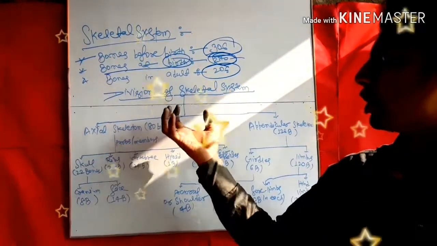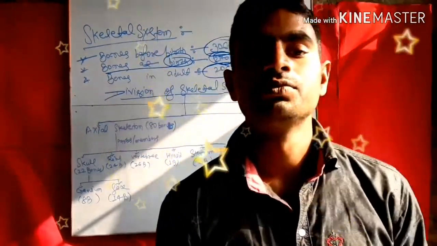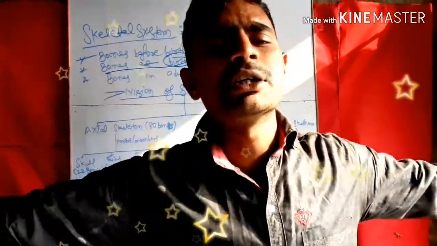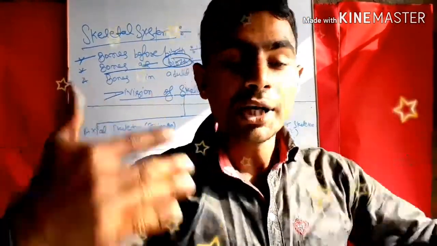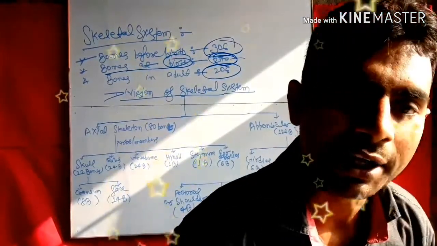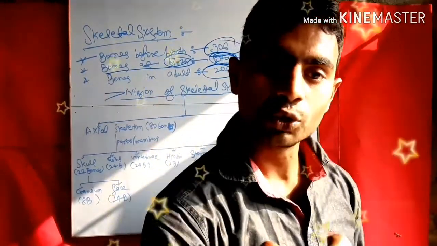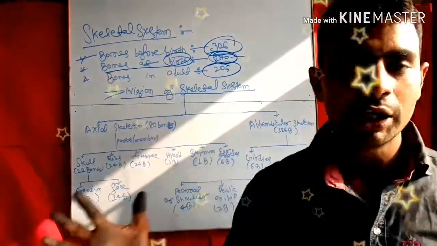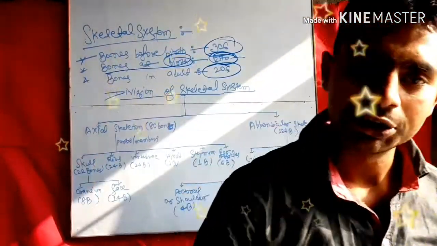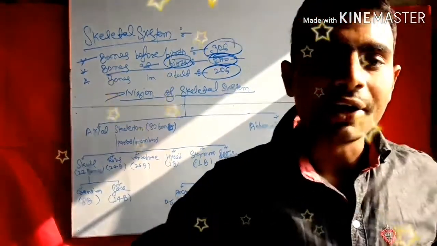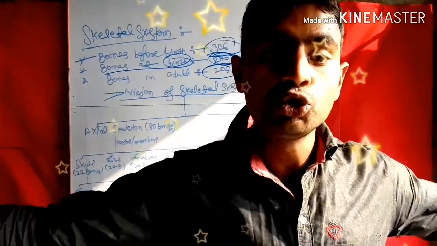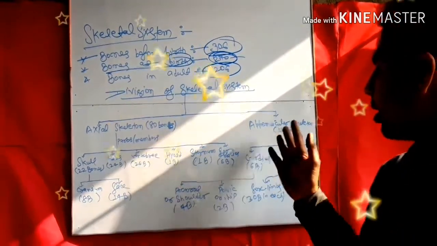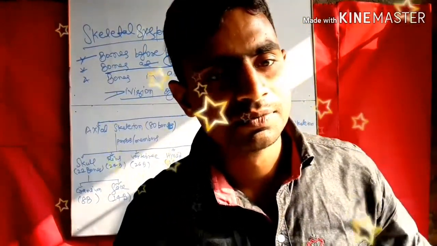After that, the division of the skeletal system. We know that in adult life 206 bones are present in us. But in which part how many bones are present is a very necessary matter to know. We divide our skeletal system into two parts: one is the axial skeleton, and the other is the appendicular skeleton.